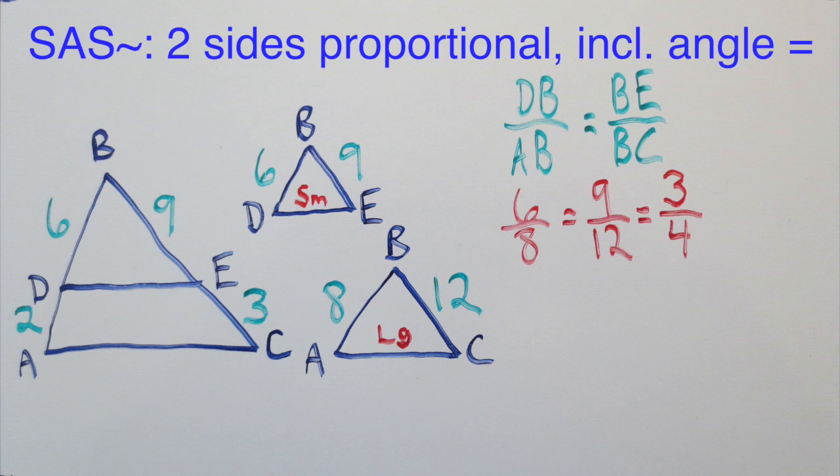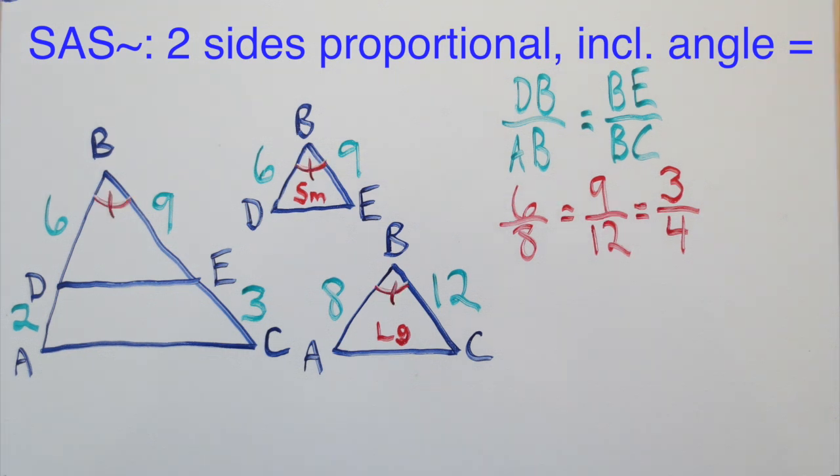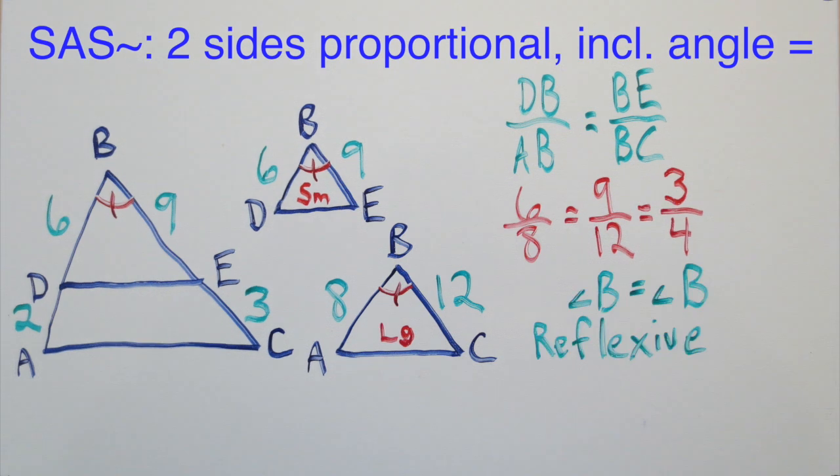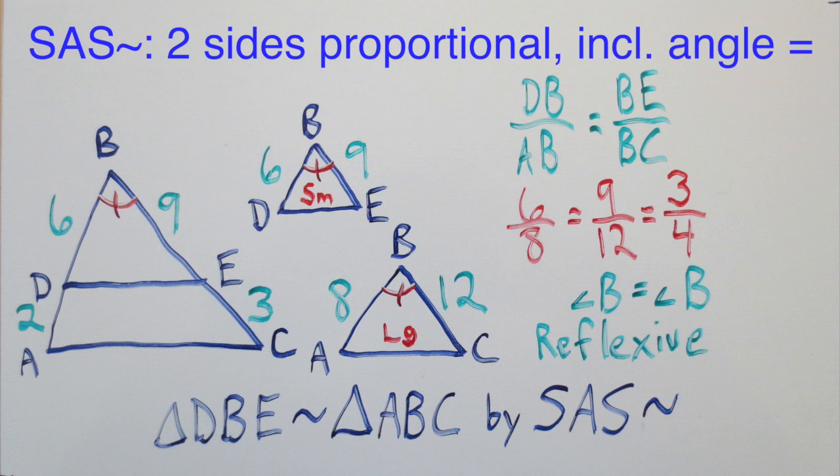And the included angle in this one is angle B in both triangles. So angle B is going to be equal to itself, and we recall this as reflexive. Last step, we'll write that triangle DBE is similar to triangle ABC by side-angle-side similarity.